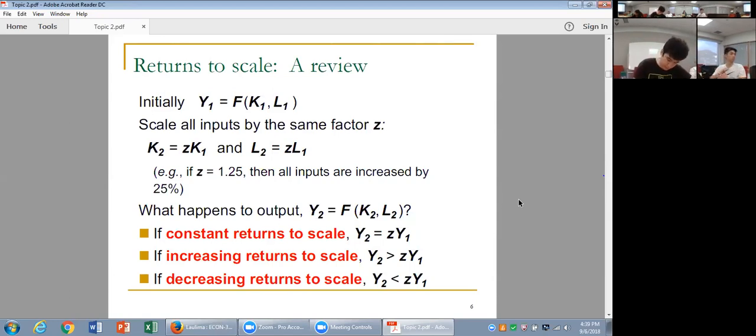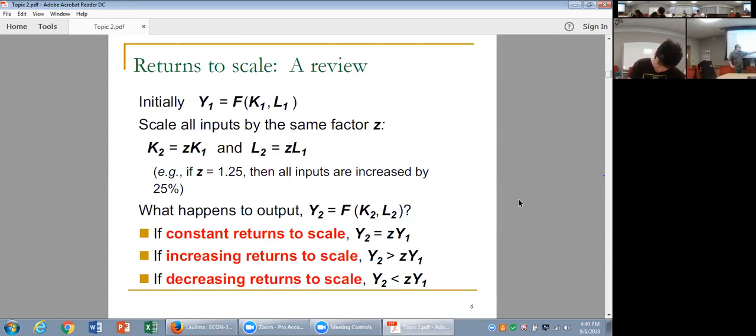So is this a factor of your choosing? Yes. Okay, got it. So then we want to know, how does this stand out here? This is just the general statement of this. We're not getting into math yet, but constant returns to scale would be that I get 1.25 for output after increasing the inputs by 25%.